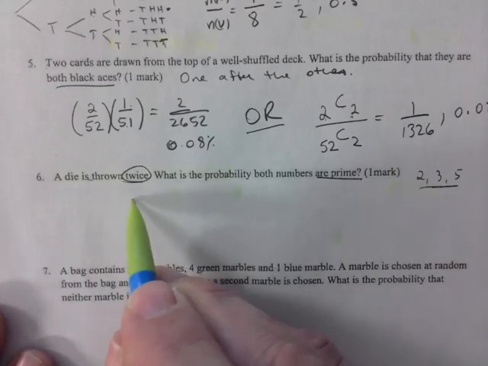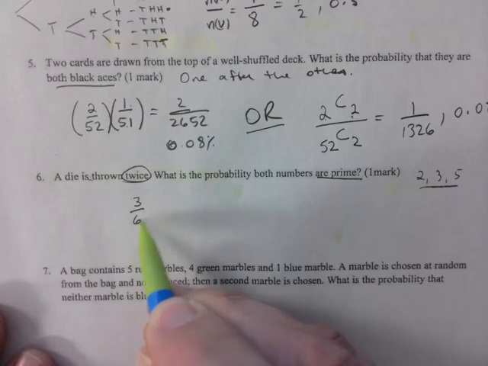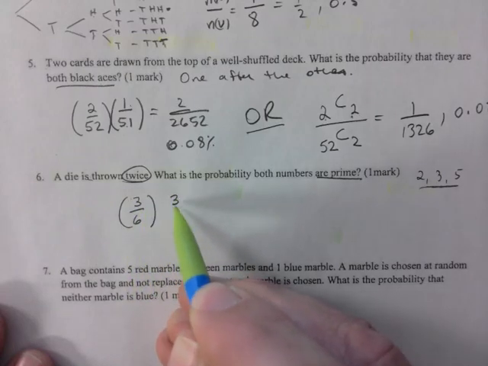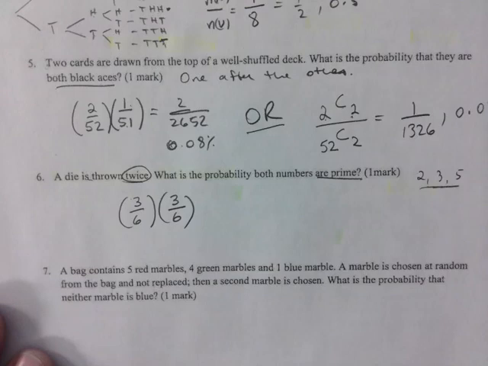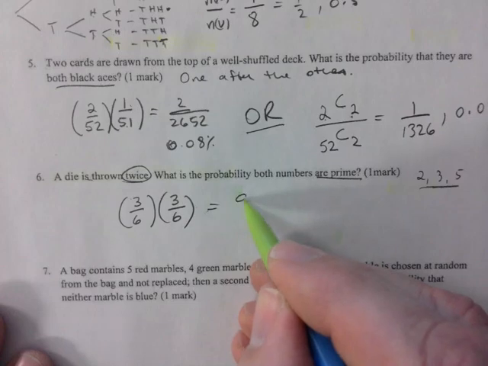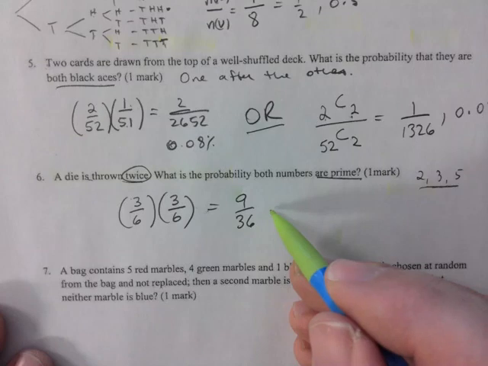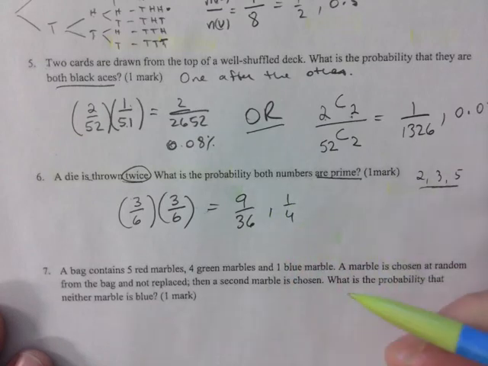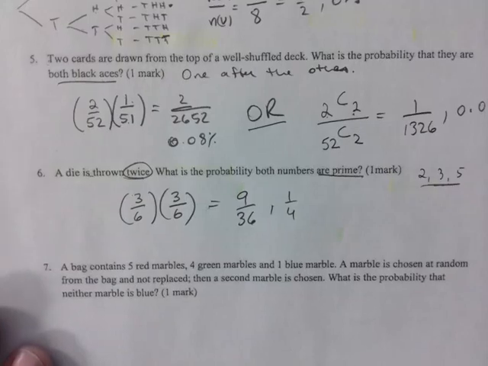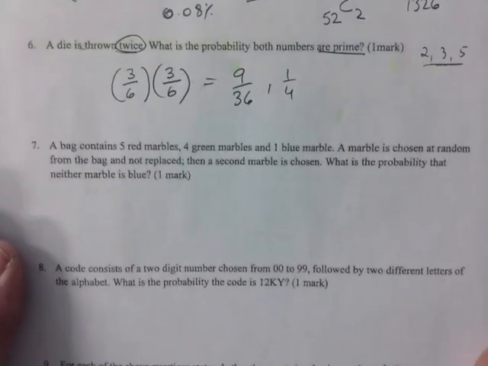So there are 3 out of 6 for the first roll, and nothing changes, right? You can't remove from a die, and it doesn't affect the outcome of the other. So this is just 9 over 36, right? Or 1/4, if you like to reduce. So 1 mark for that one.